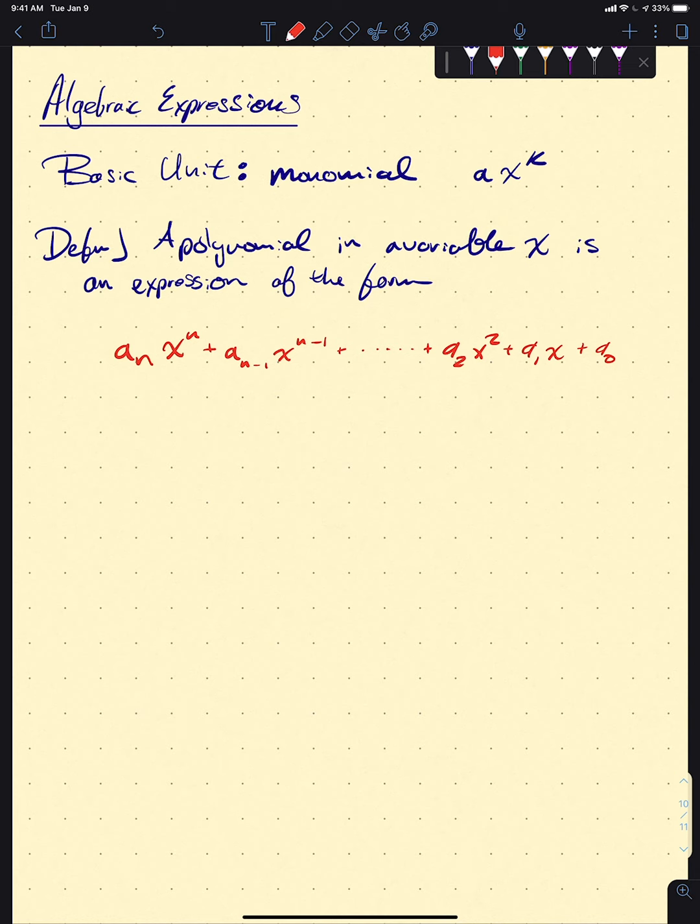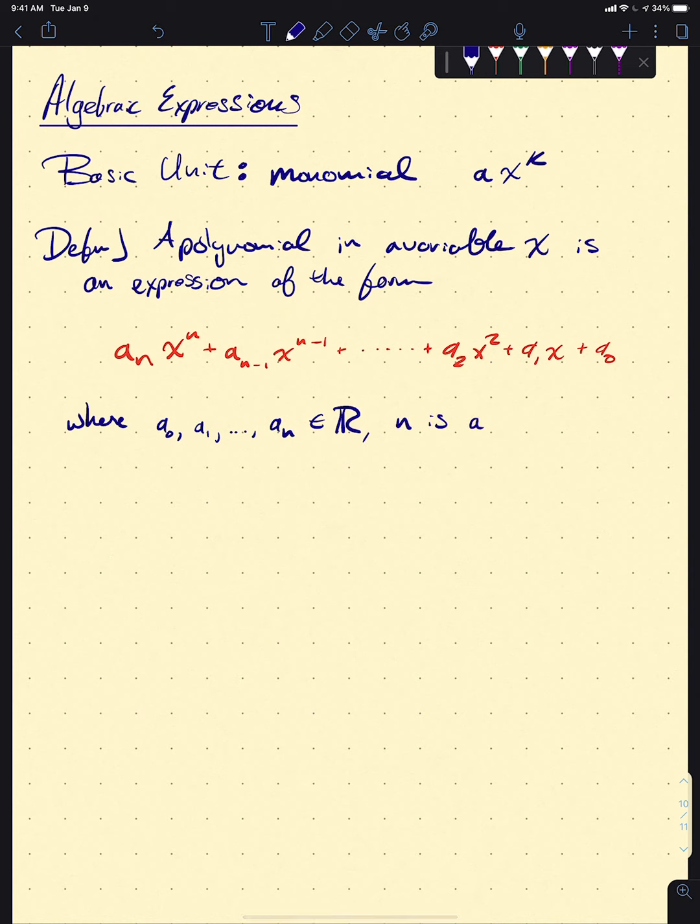And here's what we'll say. We need some qualifiers to explain more what we're talking about, where my a_0, a_1, and so on up to a_n, all of these are real numbers.